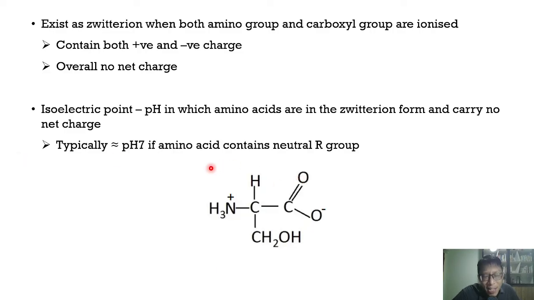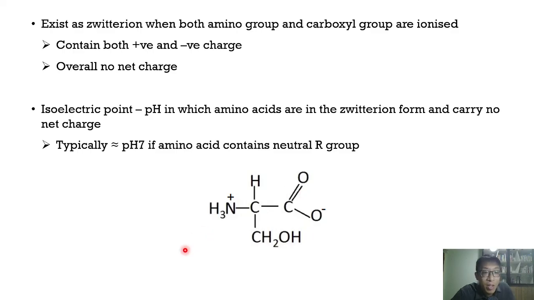If you look at these particular amino acids, for example, the R group is neutral, so we don't have to look at the R group to look at the charge. When the amino group is ionized and the carboxyl group is also ionized, then this amino acid is a zwitterion, and there's no net charge. So the pH that allows both groups to be ionized would be pH 7.